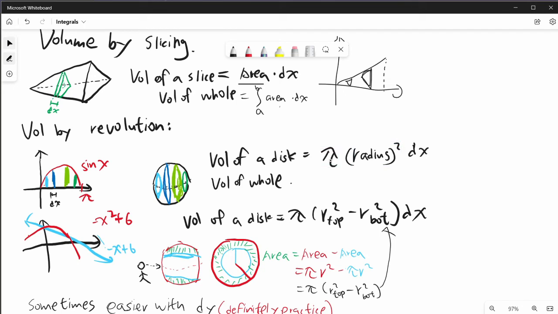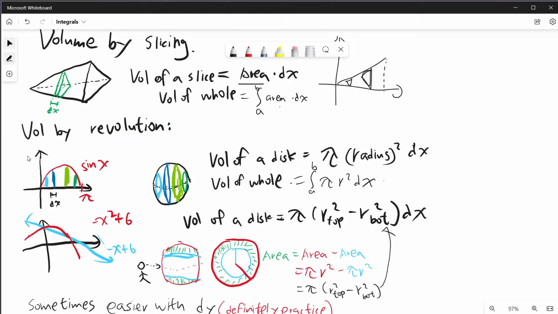That r is essentially the function, the length of the line, and that length is sine x in this case. So it would be pi sine x squared dx, and then you integrate that over the limits you have. Pi r squared, whatever your r is.